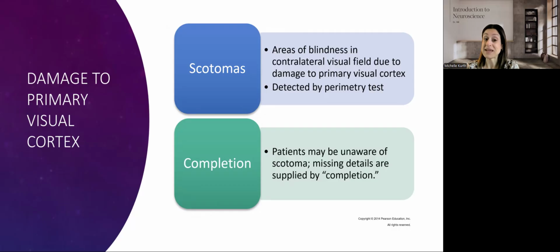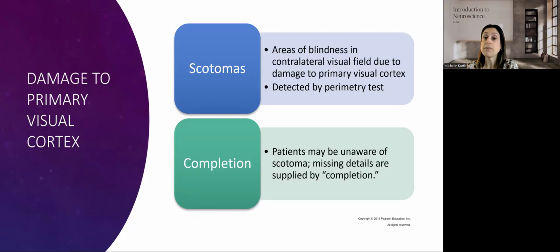And so there are scotomas, and that is areas of blindness in the contralateral visual field due to damage in the primary visual cortex. And it is really plotted by a perimetry test. And many patients with large scotomas, as I mentioned, are unaware of them.